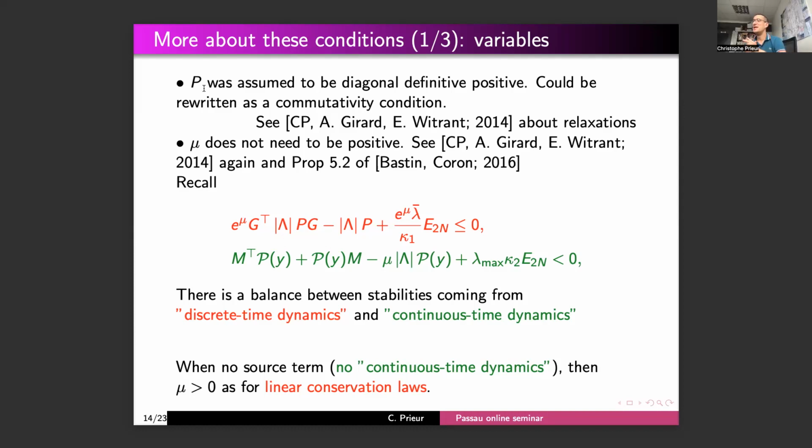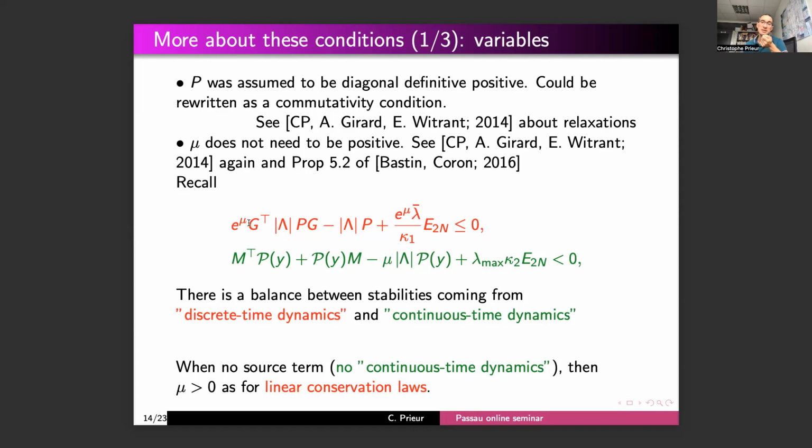I don't know. So mu does not need to be positive, and to be more specific, we just need both these conditions: discrete time in red, continuous time in green, and there is a balance between the stabilities coming from the discrete time dynamics and the continuous time dynamics. And in fact, when there is no source term, so when there is no green equation, just this equation, mu has to be positive.